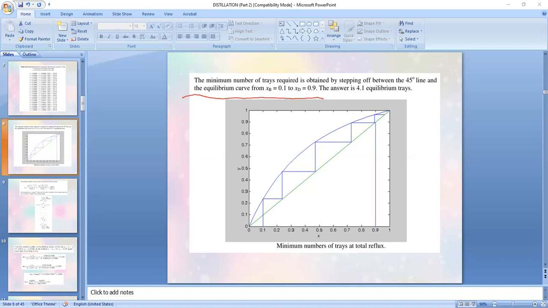That's the point where it's going to intersect the curve. Read here the x. This is your x sub D, or rather in the formula, so that you won't get mixed up, this is x sub n, and this is your y sub n.